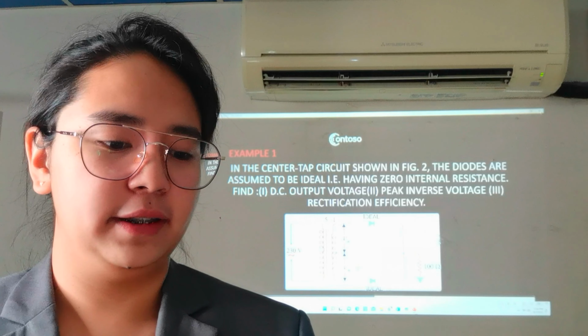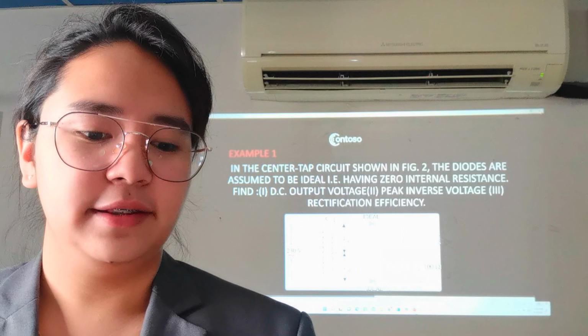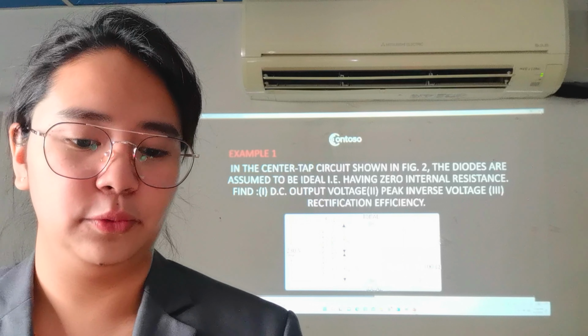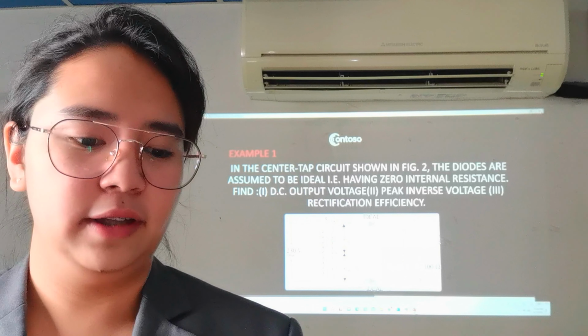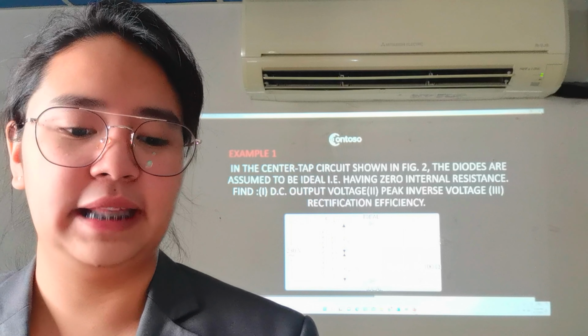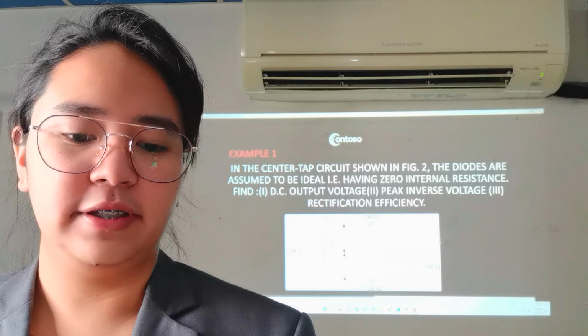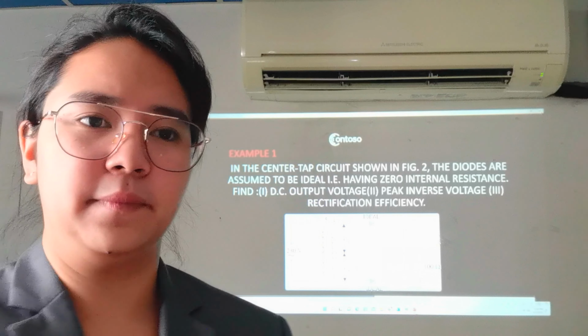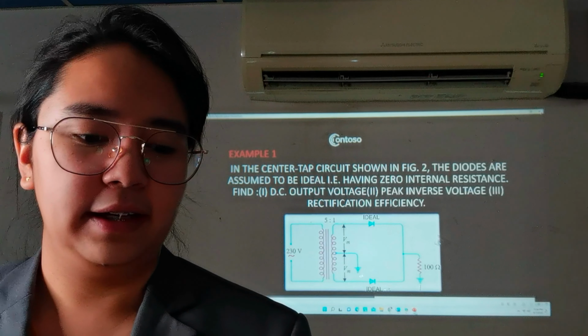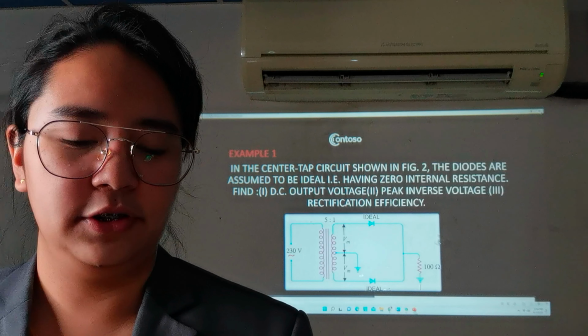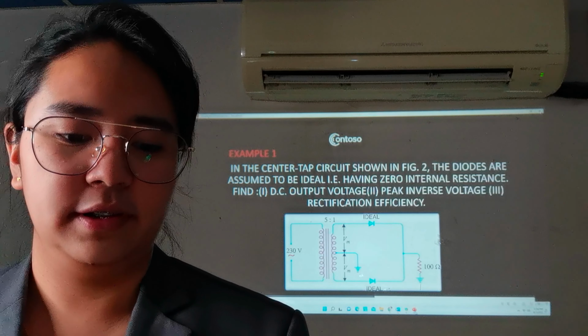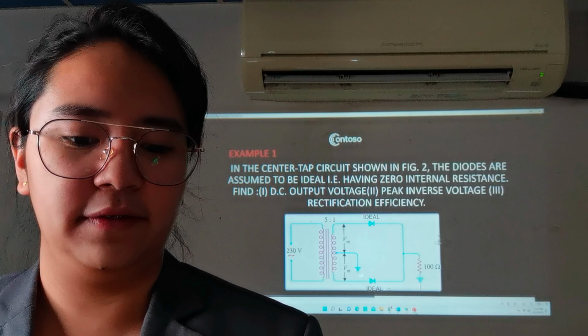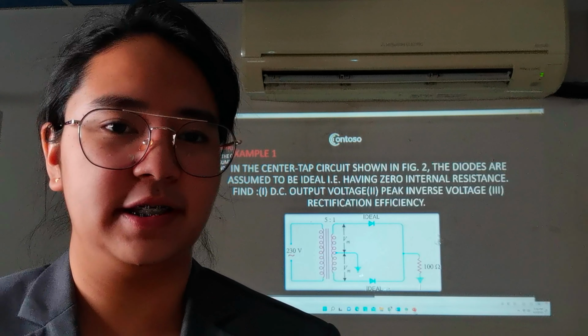The example is in the center tap circuit shown in figure 2. The diodes are assumed to have zero internal resistance. Find the DC output voltage, peak inverse voltage, and rectification efficiency.